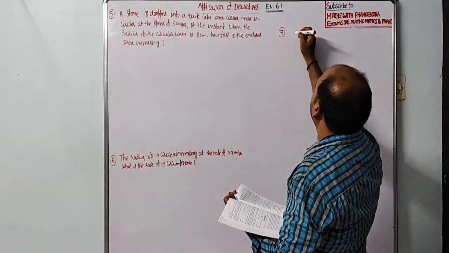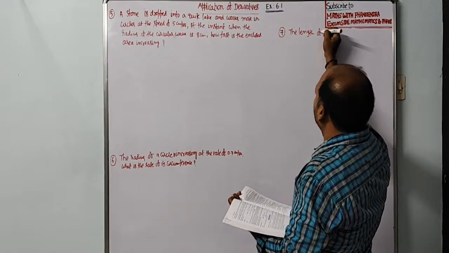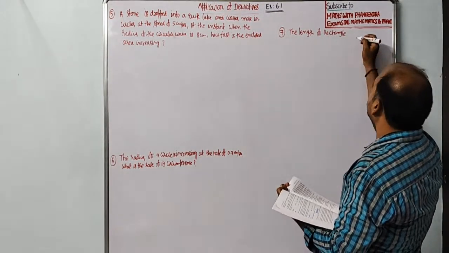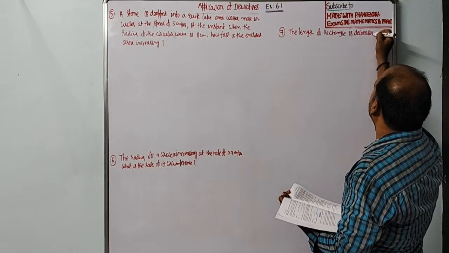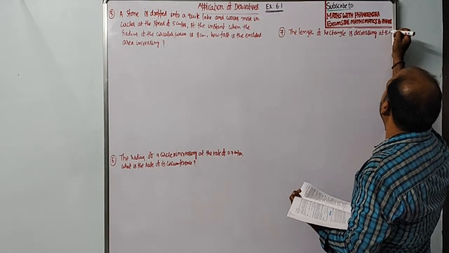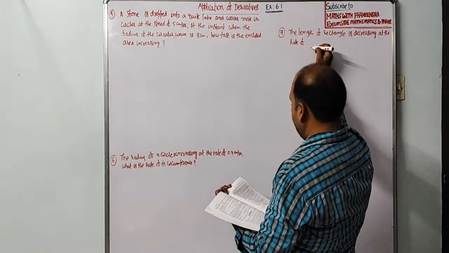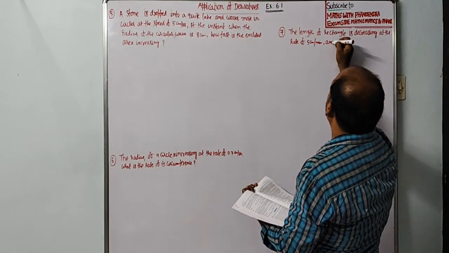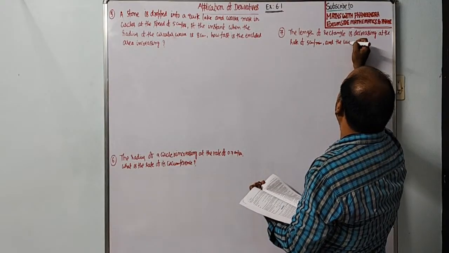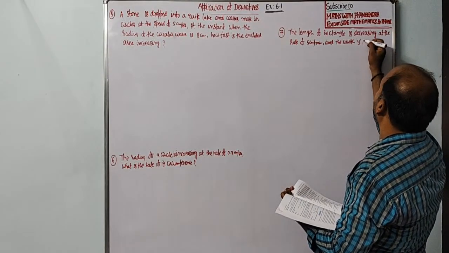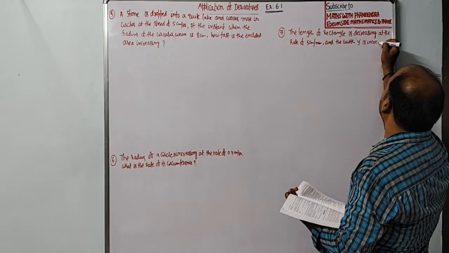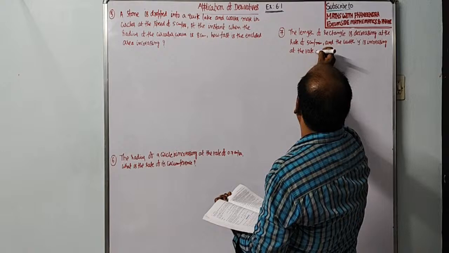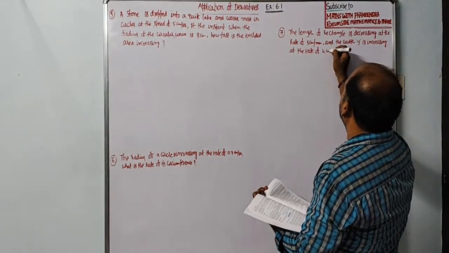The length x of a rectangle is decreasing at the rate of 5 centimeter per minute, and the width y is increasing at the rate of 4 centimeter per minute.